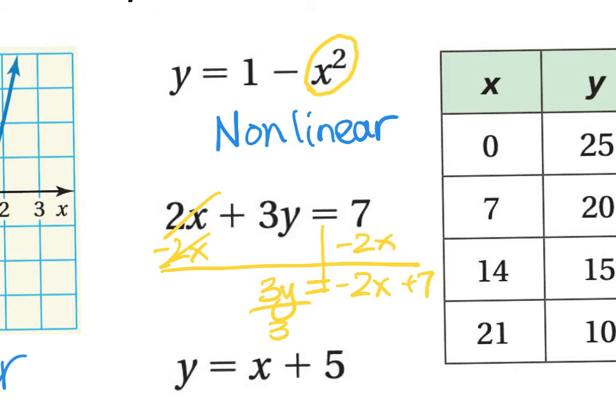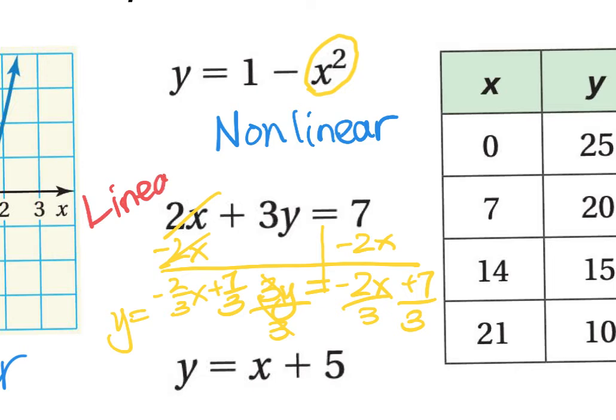I'm going to divide by 3 to finish it up, and I'm going to write it over here: y equals negative 2/3 times x plus 7/3. This is in slope-intercept form. Therefore, this equation is linear.